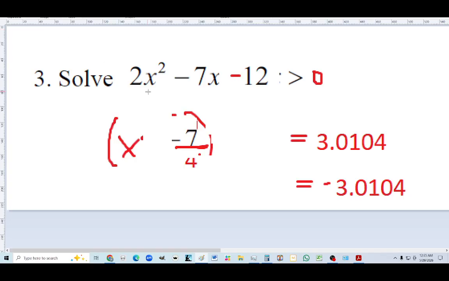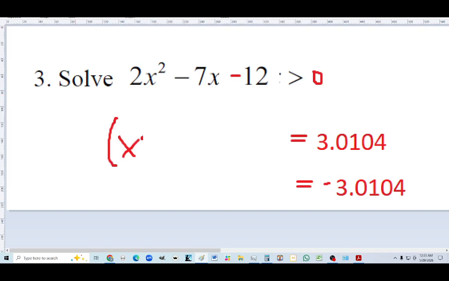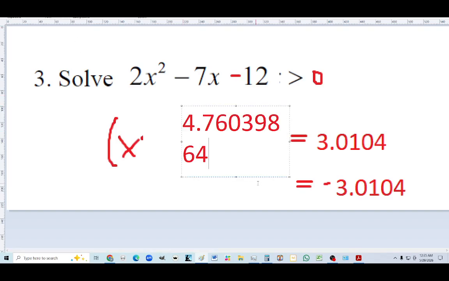And we just got to add 7 over 4 to both of them. So 7 over 4. I'm going to take this and add. Actually, let's not add. Let's clear my memory and save it in memory. There we go. Now we're going to add the 7 divided by 4. And we get that. So that's one possible answer for x. It's this.